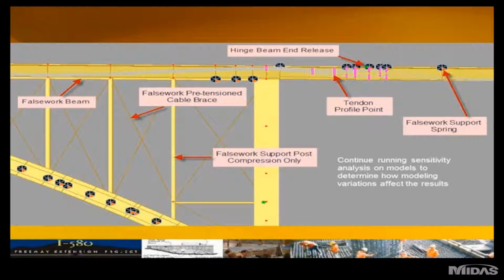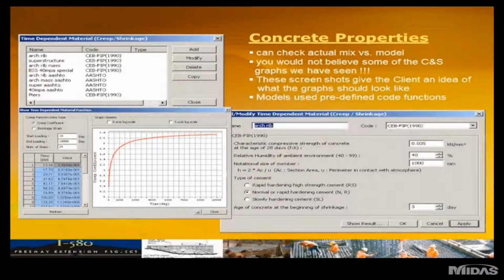So as I mentioned before, the concrete properties, the creep and shrinkage graphs we got from the lab, you probably wouldn't have believed your eyes what they looked like. It was completely evident that they were incorrect. By using Midas Civil, you can very quickly show the owner what the graph should look like.